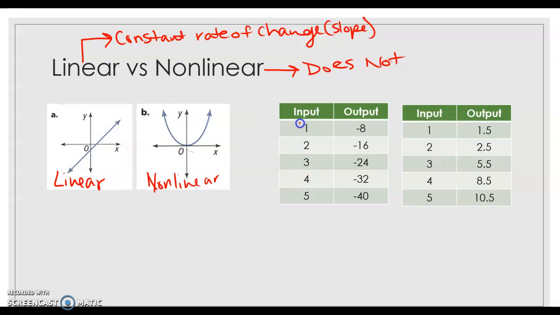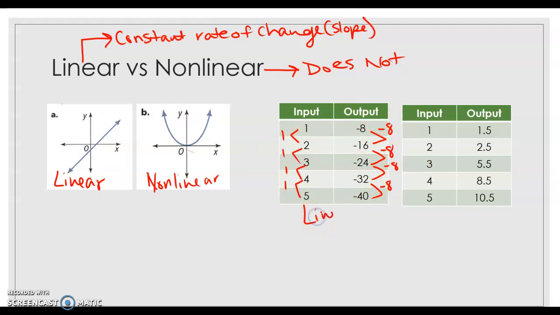Well, if I have tables, I'm looking for that slope. 2 minus 1 is 1, 3 minus 2 is 1, 4 minus 3 is 1, 5 minus 4 is 1. Negative 16 minus negative 8 is negative 8. Negative 24 minus a negative 16 is negative 8. Negative 32 minus negative 24 is negative 8. Negative 40 minus negative 32 is negative 8. Constant rate of change, negative 8 over 1.